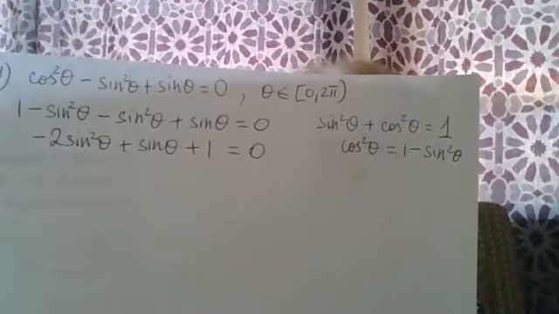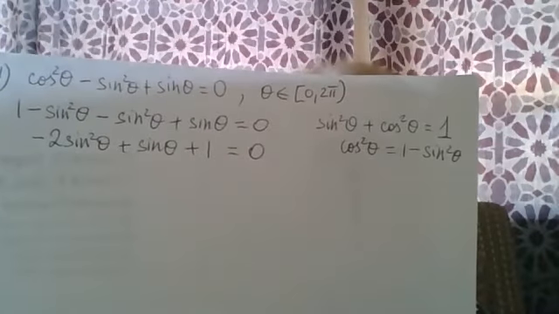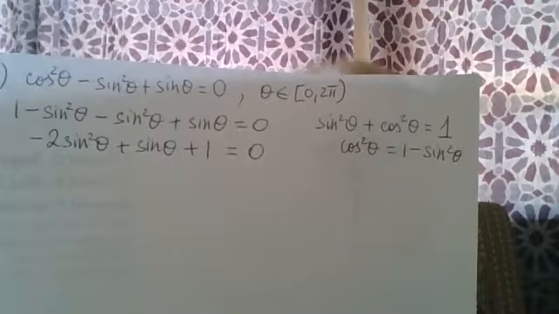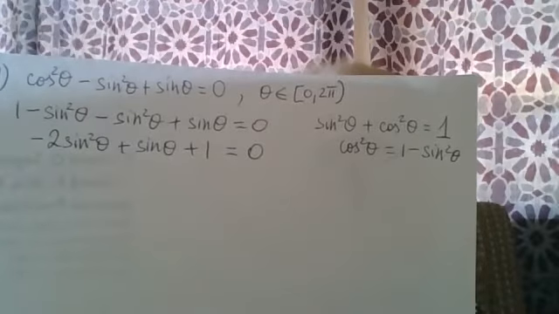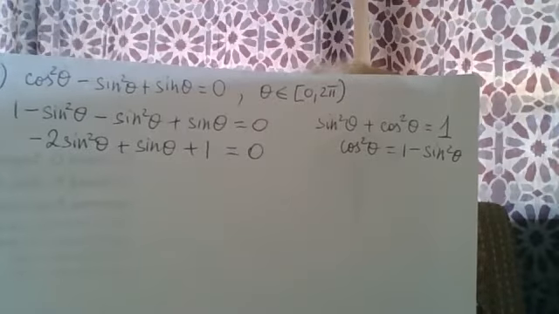Does it remind you of a quadratic equation like negative 2x squared plus x plus 1 equals 0? Yes. That's it. We can substitute. Is it a quadratic equation on the last line? No, it is not, because it is a trigonometric equation.